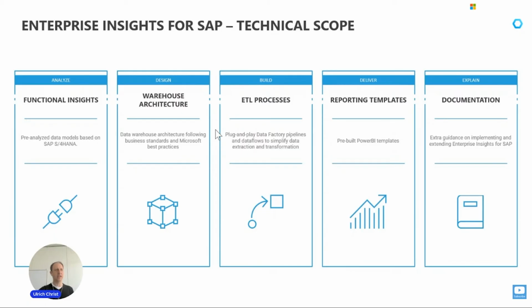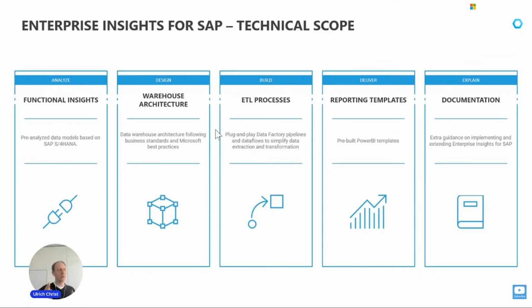We put Power BI dashboards and reporting templates on top, so that you can visualize the data and leverage it right away. There's also a lot of documentation, so that you can not only use these data models and flows out of the box as they are, but we also describe how they work, so that you can reuse certain pieces, modify them, and learn from that.